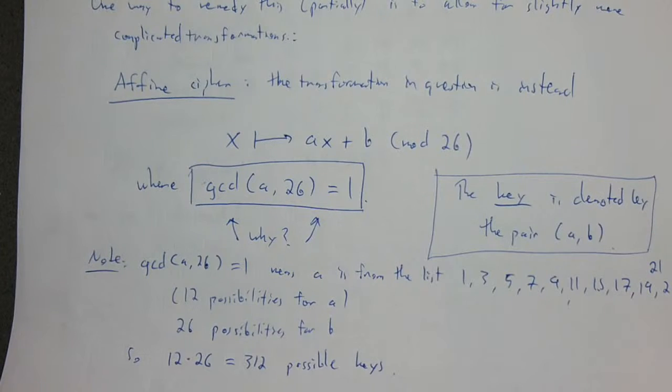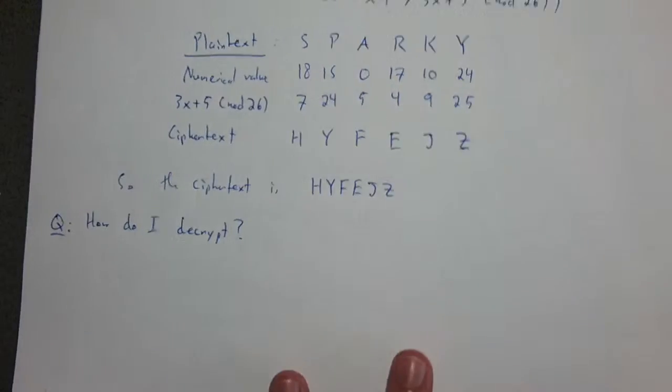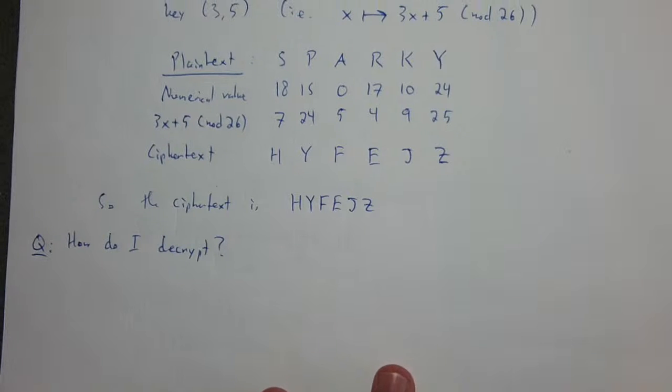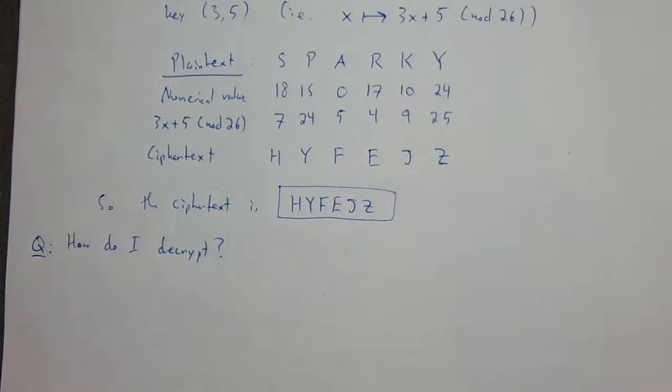The answer is so that I can decrypt, and have this make sense. That's the answer, and we're going to see why I need this. So let's go back to the example that we did. We took Sparky, we used the key 3-5, and the cipher text we got was HYFEJZ.